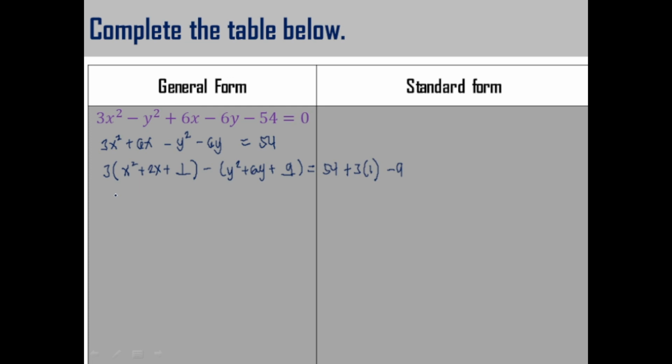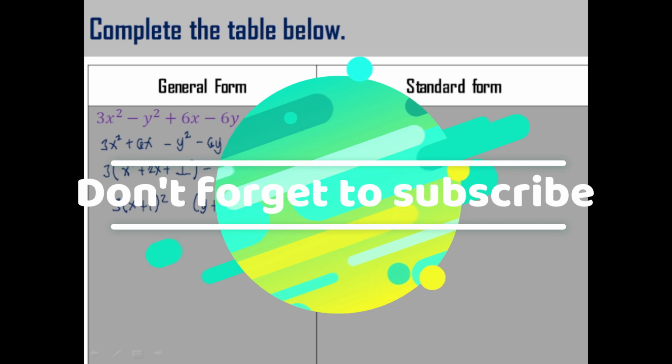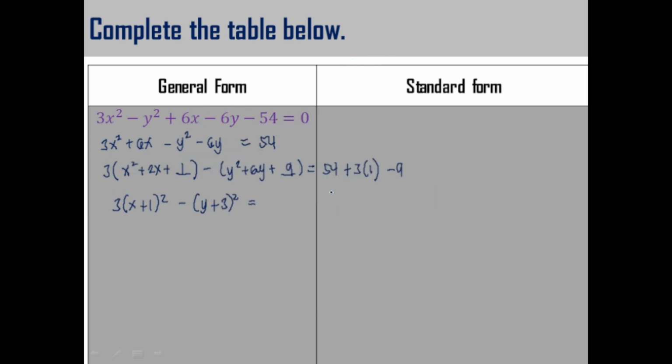Okay? So ito ay 3 times x plus 1 square minus y plus 3 square equal to, can you please press on your calculator? 54 plus 3 times 1 minus 9. Okay, very good.